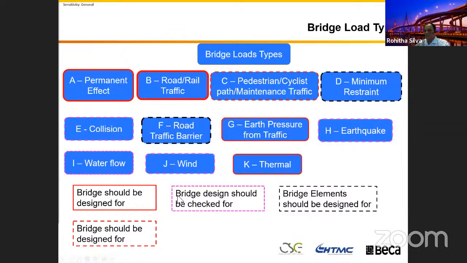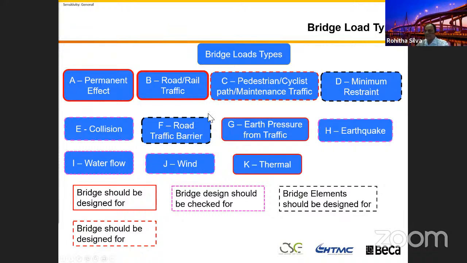So then the other one, with the pink dash line, is what the bridge design should be checked for. When you design these bridges, you should check for collision, flood, wind, and earthquake. Yeah, you have to design for these. And I put the traffic barrier one, the type F, in black, because this one we mainly design as a bridge element, the traffic barrier, for impact load.